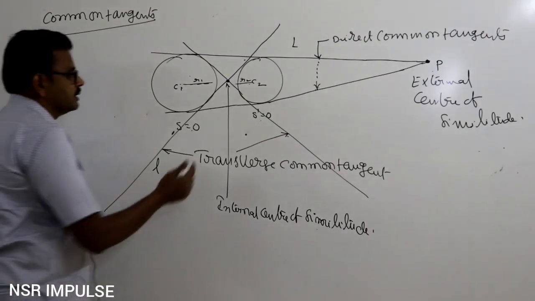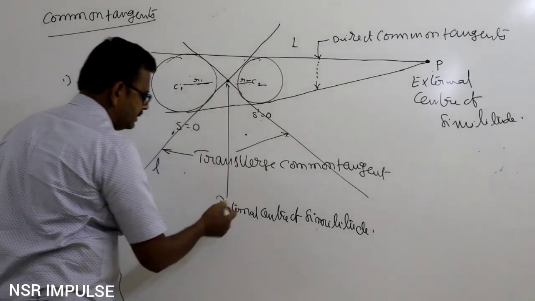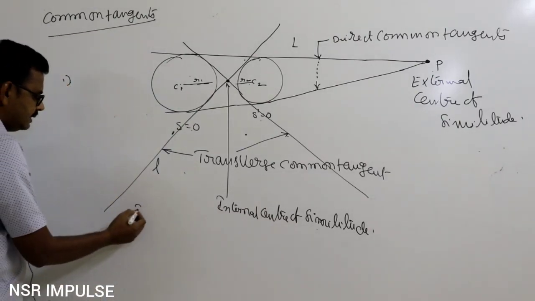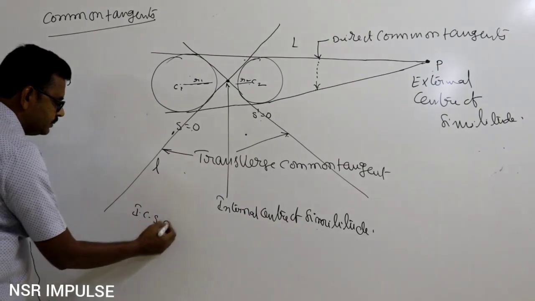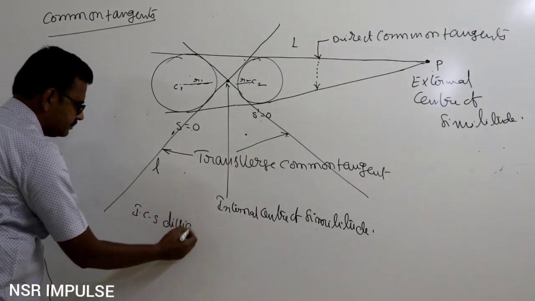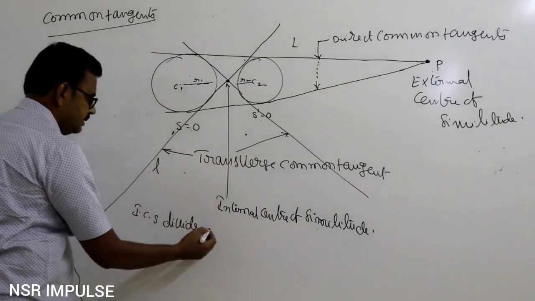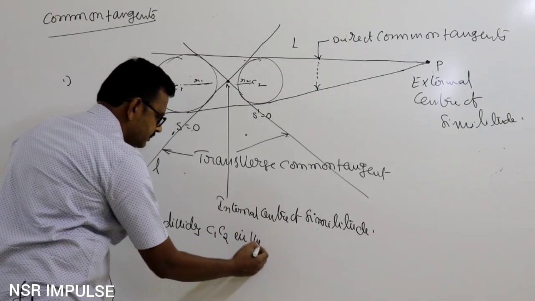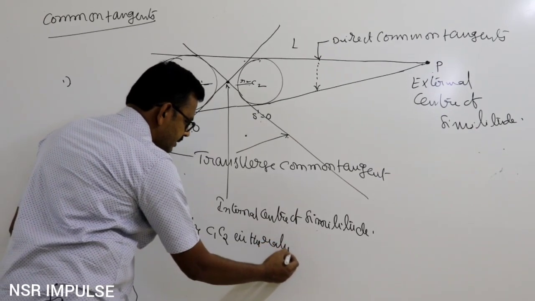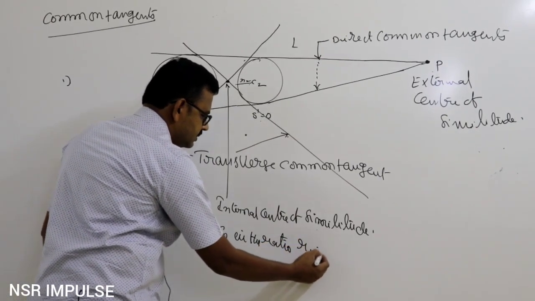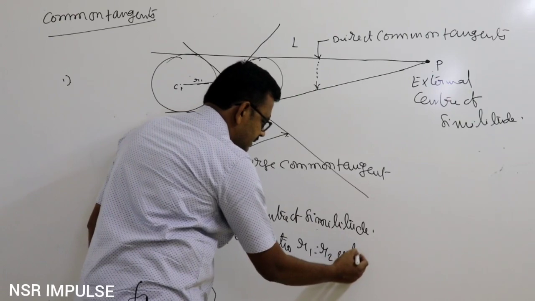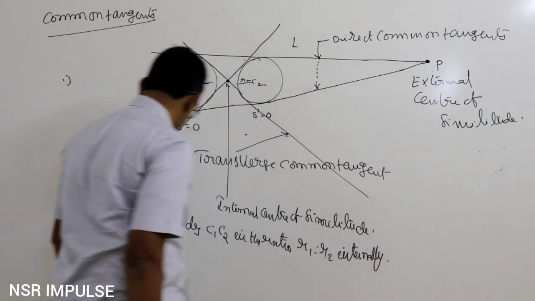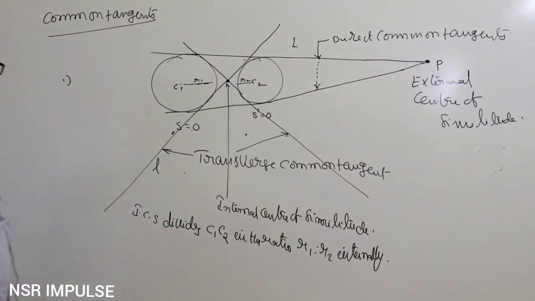The point of intersection of two transverse common tangents is called the internal center of similitude. This internal center of similitude divides the line of centers C1 and C2 in the ratio R1 is to R2 internally.